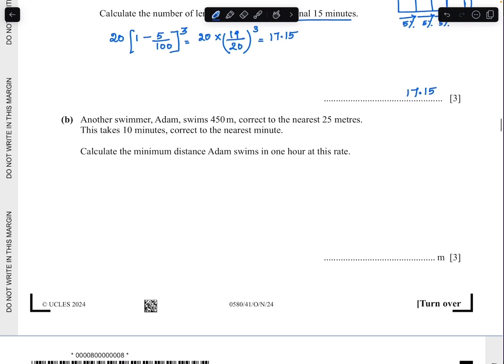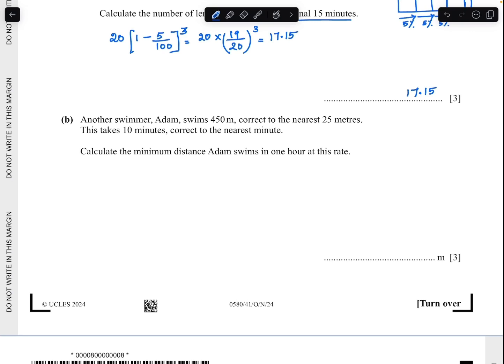Okay. Subdivision B. Another swimmer, Adam, swims 450 meters, correct to the nearest 25 meters. This takes 10 minutes, correct to the nearest minute. Calculate the minimum distance Adam swims in 1 hour at this rate.